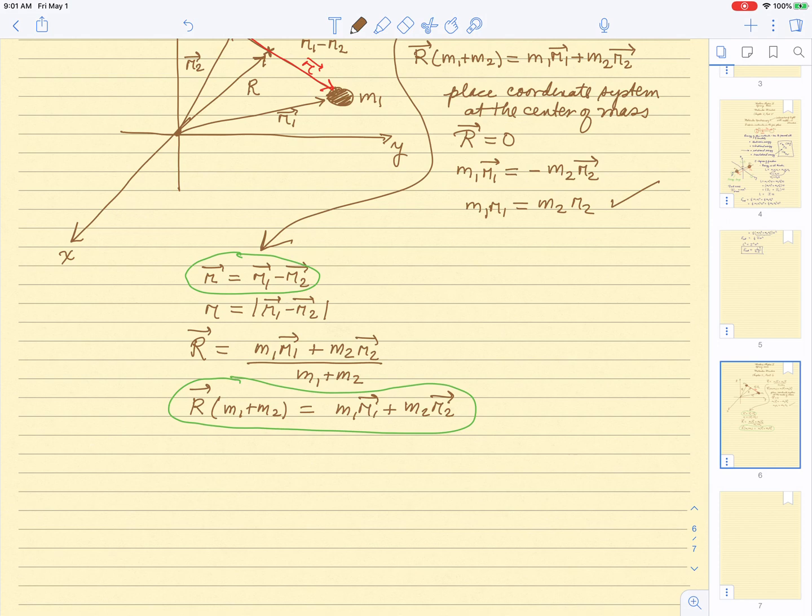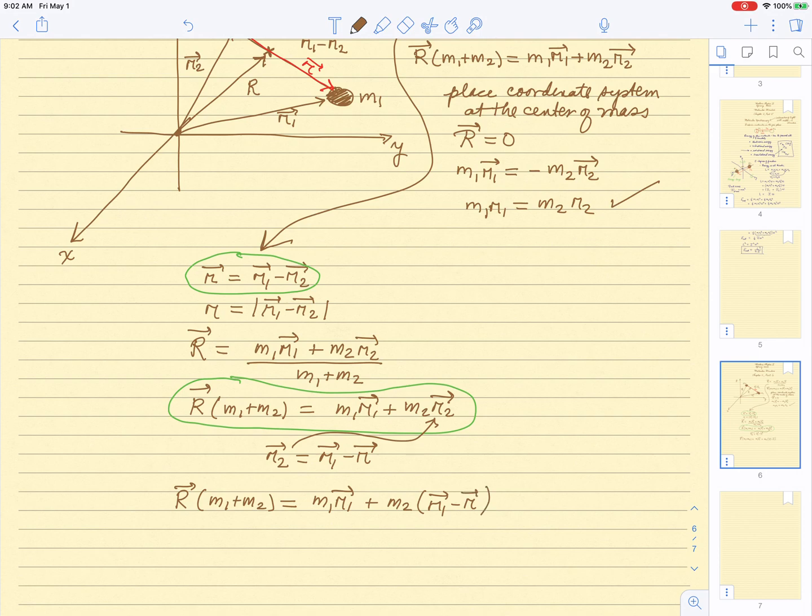So we can say now that R2 is going to be R1 minus R, and then we can plug this into here. So that's going to be then R, center of mass, times M1 plus M2 is going to be equal to M1 R1 plus M2 times R1 minus R.